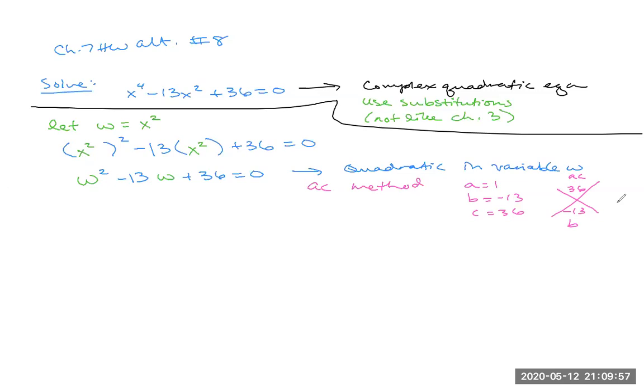Negative 9 and 4, both of which have to be negative. Remember, if you get stuck, start thinking about AC. Break that down into pairs of factors that multiply to 36. So 1 and 36, 2 and 18. There we go. 3 and 12, 4 and 9, and so on and so forth.